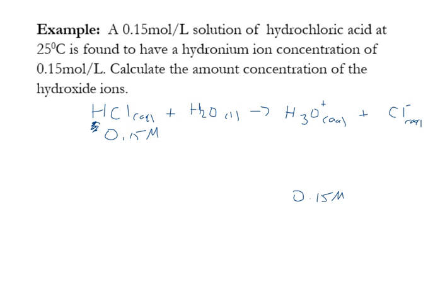So if I were to make an ICE table, it would look something like this. 0.15, these guys started at 0. This one must have gone up by 0.15, which means this one went up by 0.15, which means this one ends up at 0.15, which means this goes down by 0.15, which means it ends at 0. There's no HCl left.